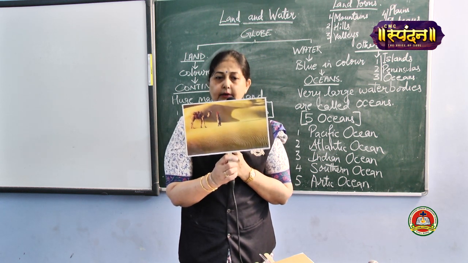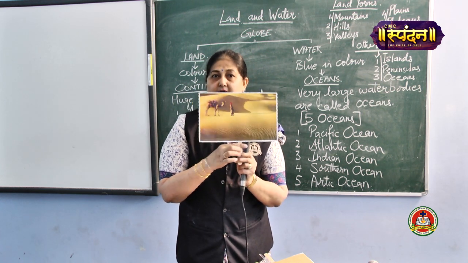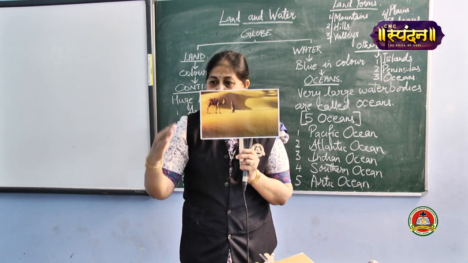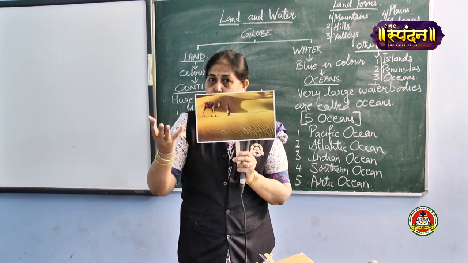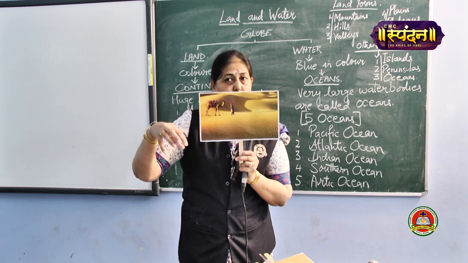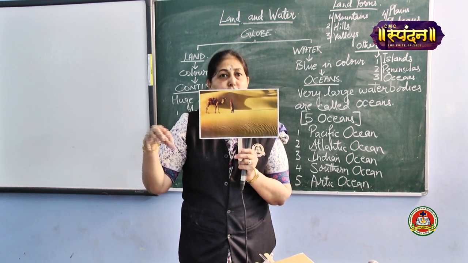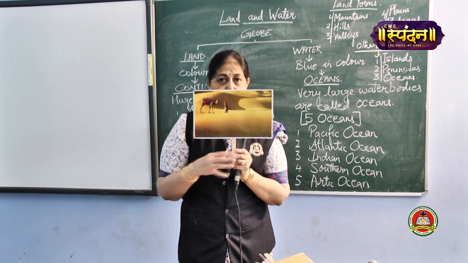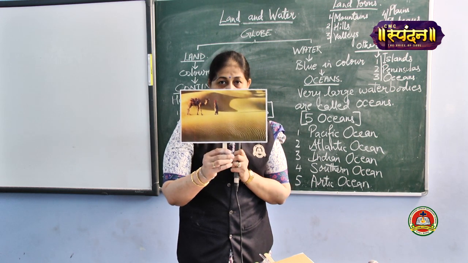You know what is a hump? The animal's back is raised like this, like in a curve. That is his storehouse. He puts all the water and the food inside the hump. And it can stay without food for days together. Alright? So, camel is called the ship of the desert. Clear?